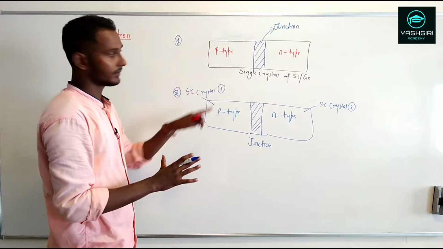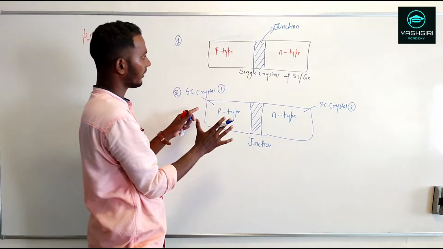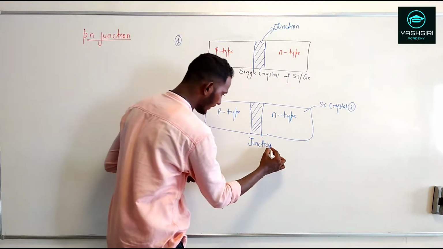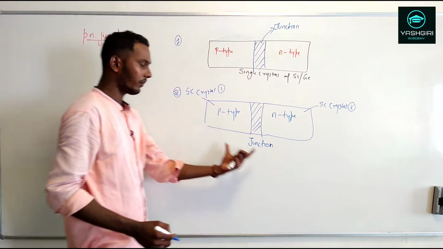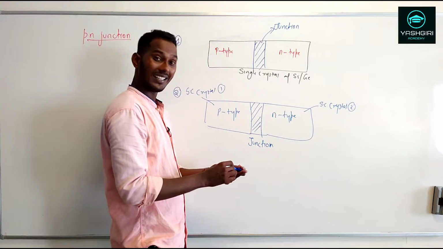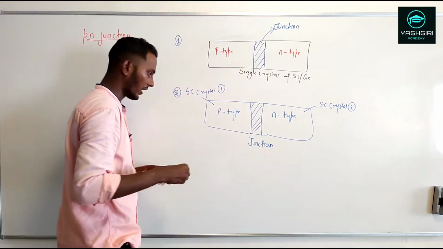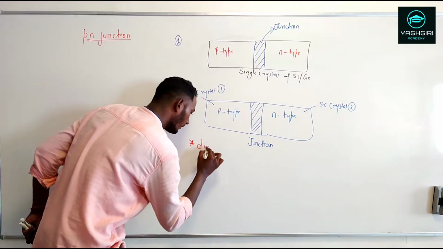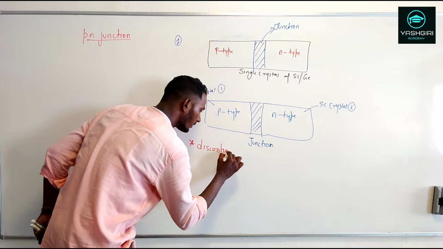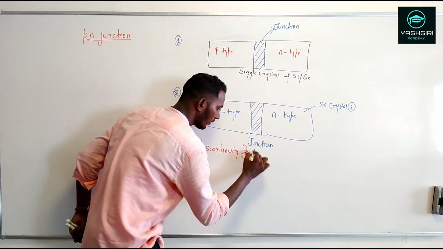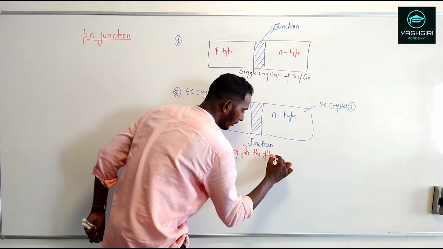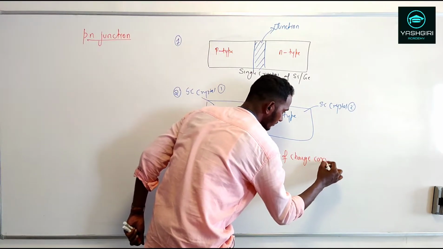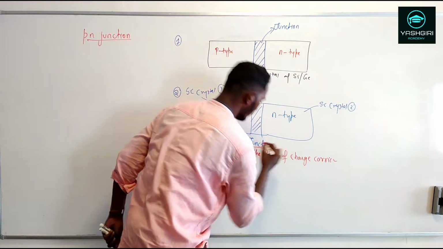Now if you look at the diagram, it looks like a similar diagram. But in case number 2, the junction offers a discontinuity for the flow of charge carriers.